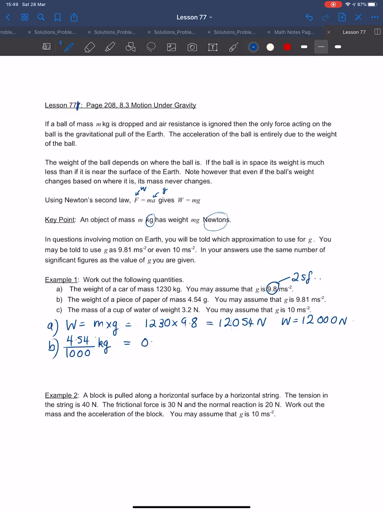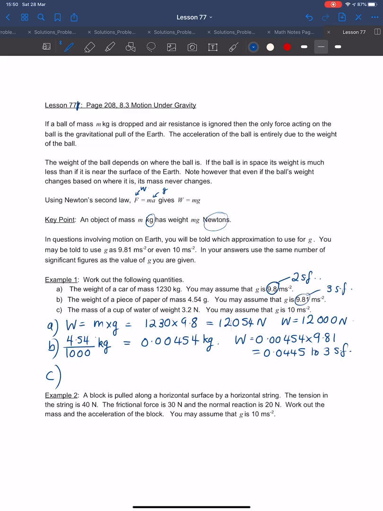So this is 0.00454 kilograms. So the weight is 0.00454 times 9.81. We want three significant figures with this one, and that is 0.0445 to three significant figures.